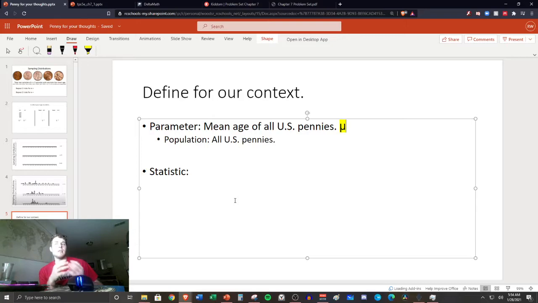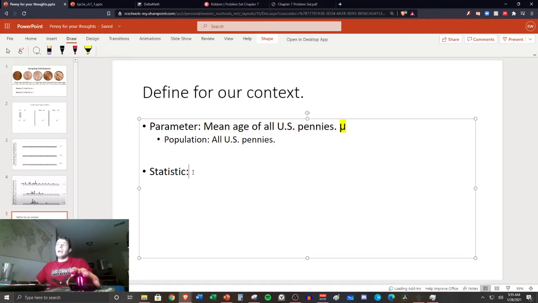This value is really the question we're trying to answer when you have a setting. If you wanted to know any question that's sort of large scale, like what proportion of, or what is the average height of United States males? Well, you have all United States males in that case, and then you're trying to find the average, the mu of that.